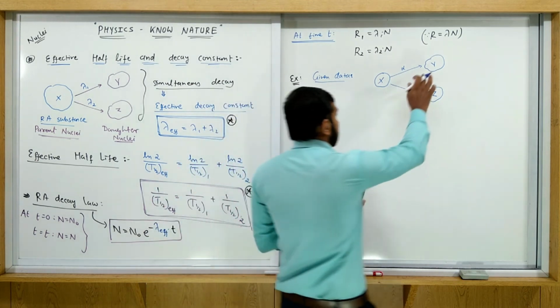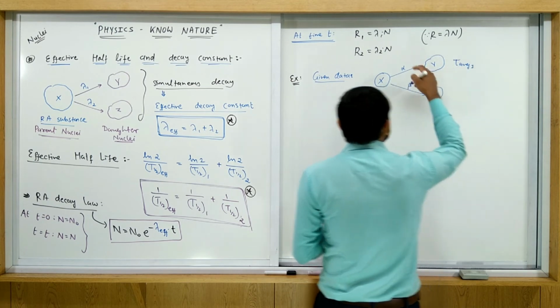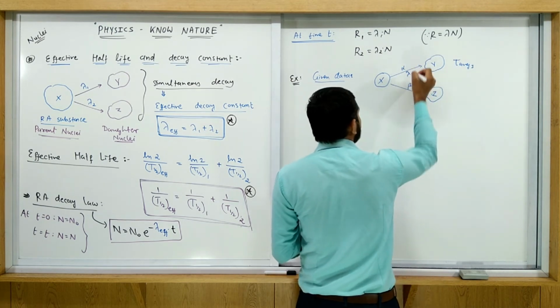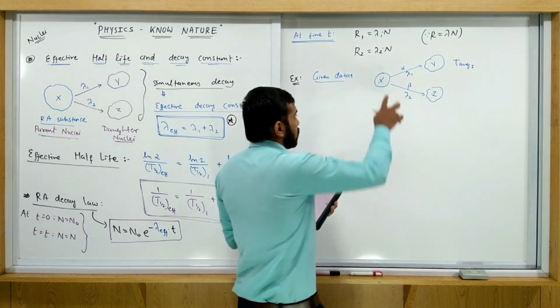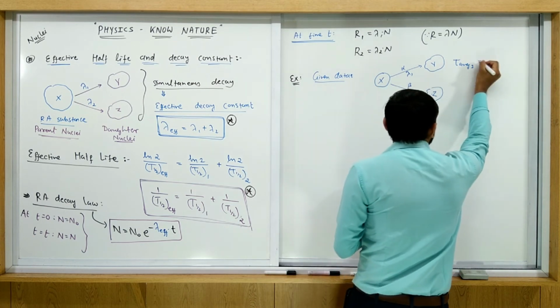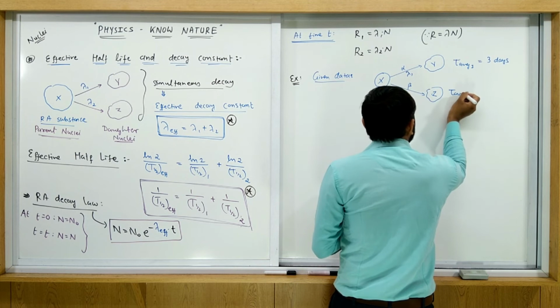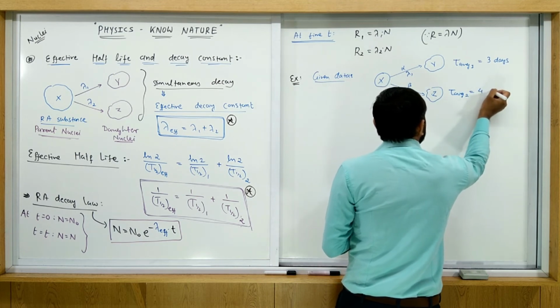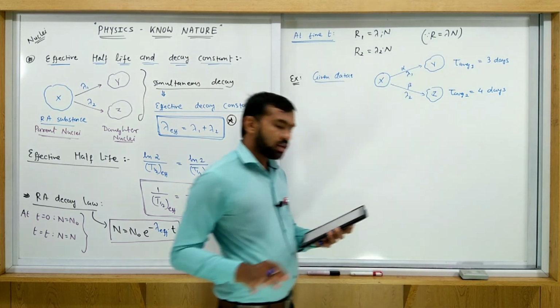Their mean lives: tau average 1, with decay constant lambda 1, is 3 days, and tau average 2, with decay constant lambda 2, is 4 days. This is given in the problem.